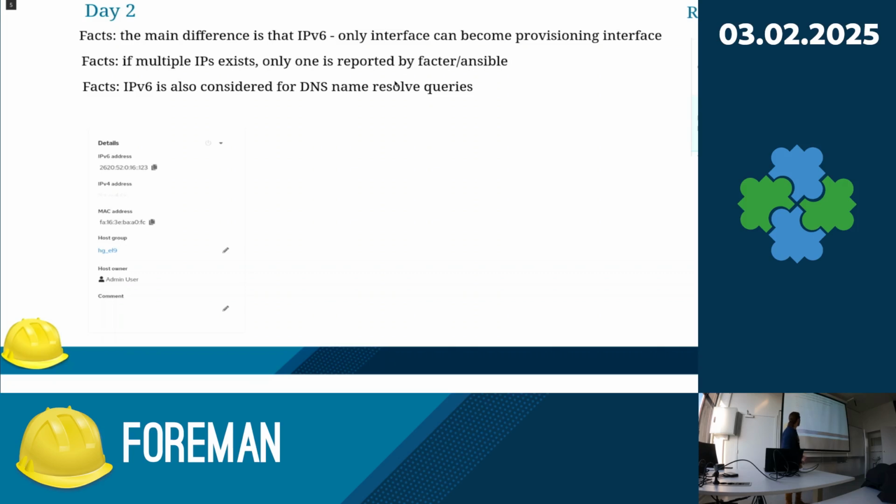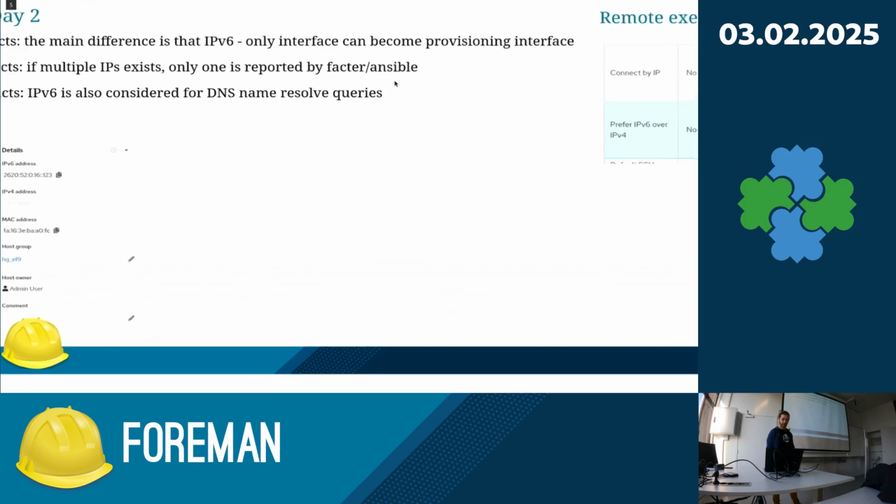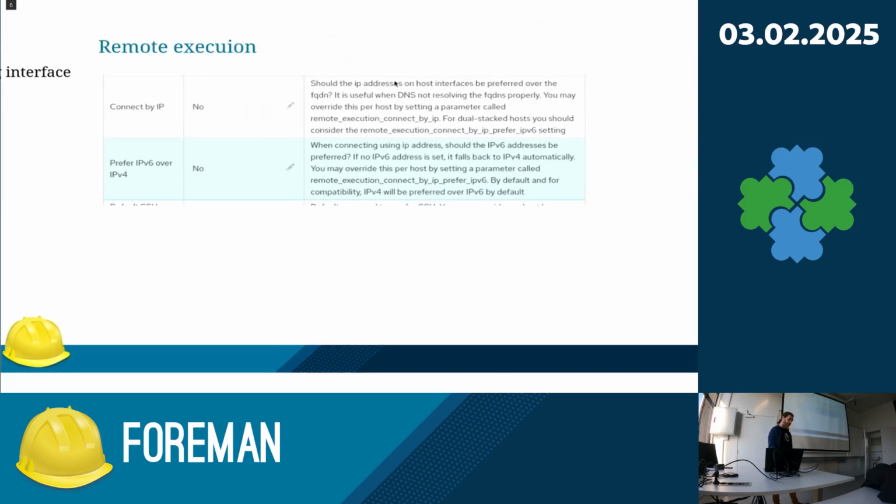So this is actually from a host. For remote execution, there are two settings that existed even before my effort that are relevant for IPv6. They actually work with IPv6 and I have checked that. First of all, you have connect by IP.